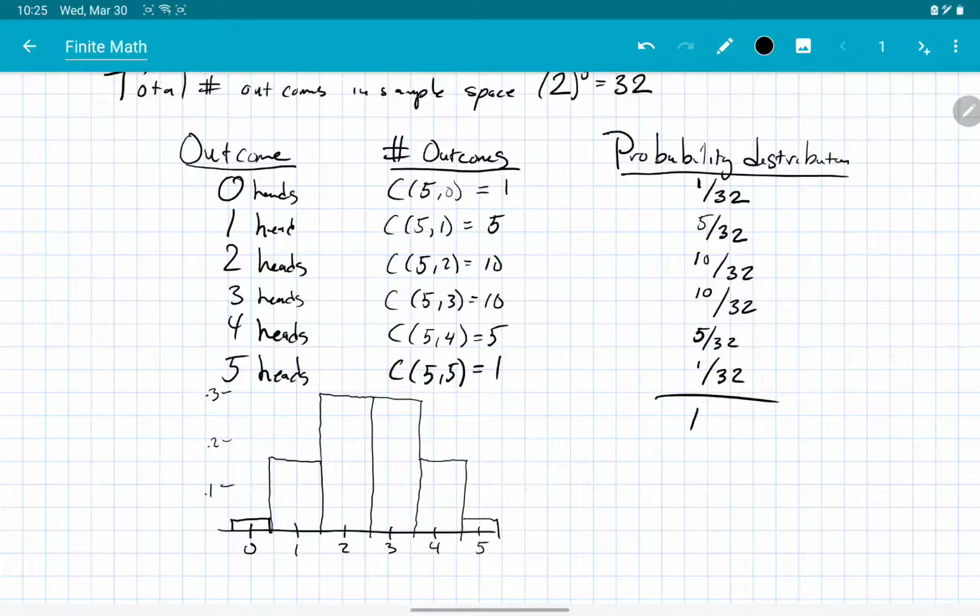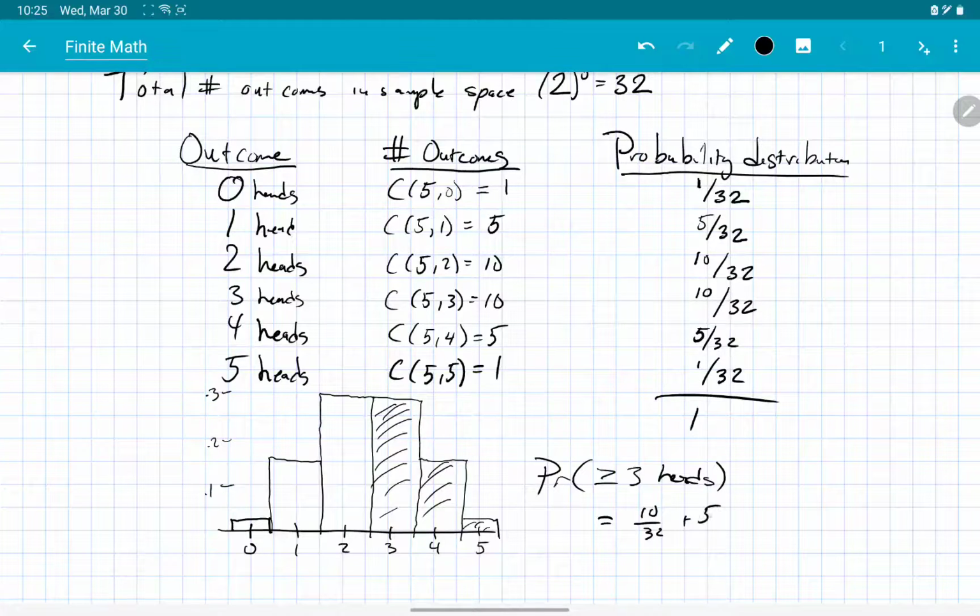Now we could easily answer questions like, what's the probability of getting at least 3 heads? Well, at least 3 heads, we would add the height of this bar, and this bar. So probability of at least 3 heads. We would get 10/32 plus 5/32 plus 1/32, and that is going to be 16 out of 32, which is exactly 1/2.